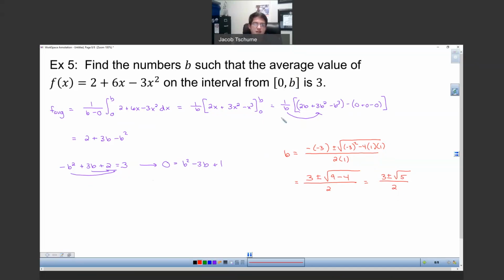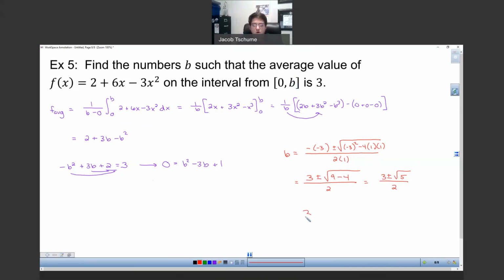And if you're double checking the original interval, the only restriction here is that b must be bigger than 0 because it's the upper parameter. And if you double check, root 5 is less than 3. So whether you subtract it from 3 or add it to 3, in the end, both of these are going to be positive results. So they are both answers.